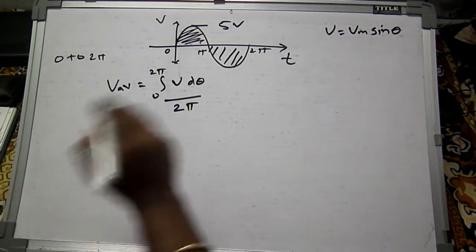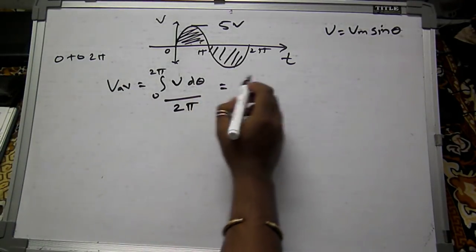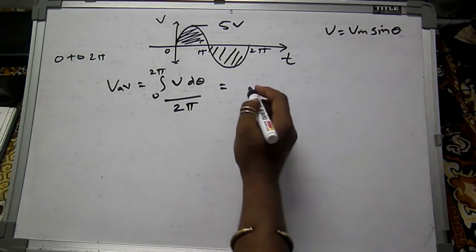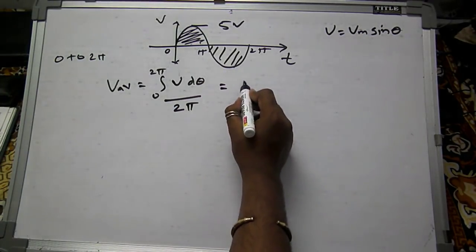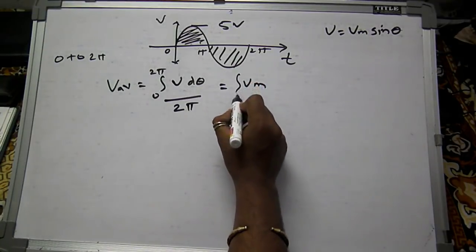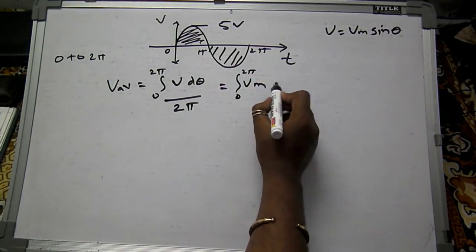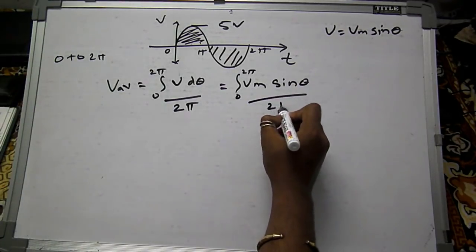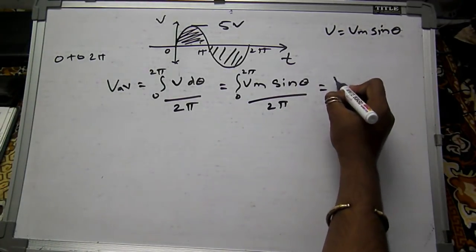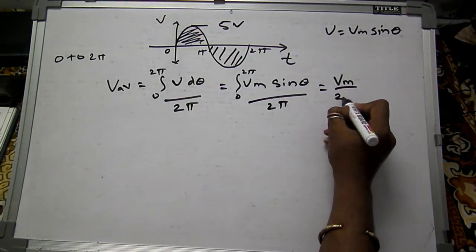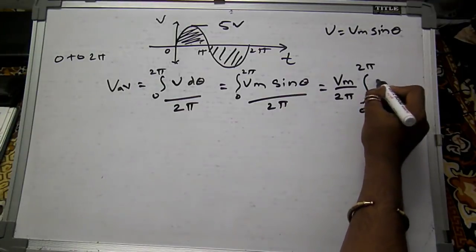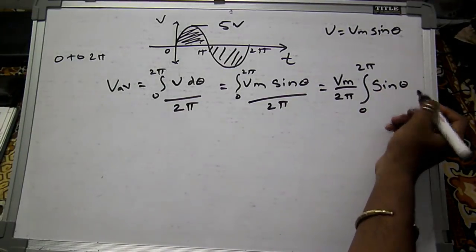Now substituting for v, that is Vm sin theta, we get Vm by 2 pi outside, then the integral from 0 to 2 pi of sin theta.